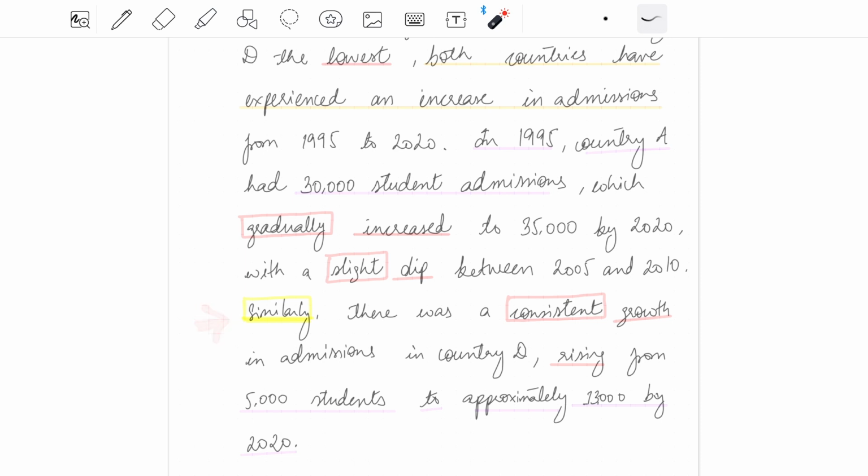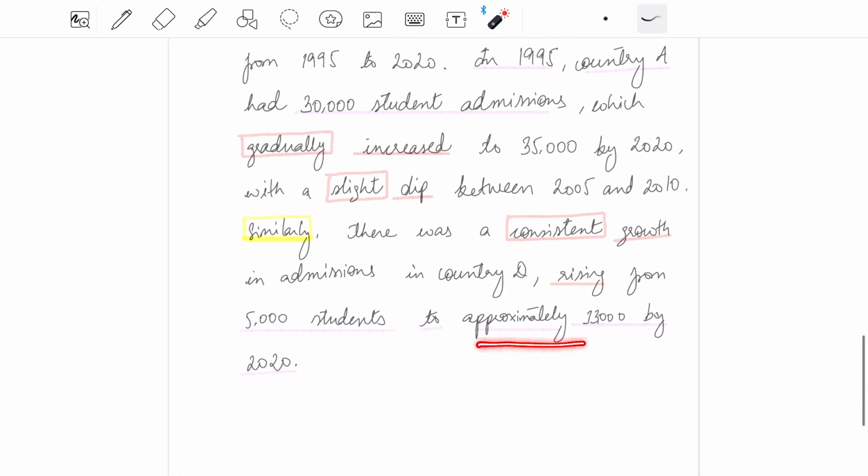Similarly, there was a consistent growth in admissions in country D, rising from 5,000 students to approximately 13,000 students by 2020. So again, starting point, ending point, and I've mentioned what kind of change it was. It was an increase, so I've used a synonym of increase, which is growth, and I've mentioned a consistent growth. Rising, another synonym, from 5,000 students to approximately 13,000 students by 2020.